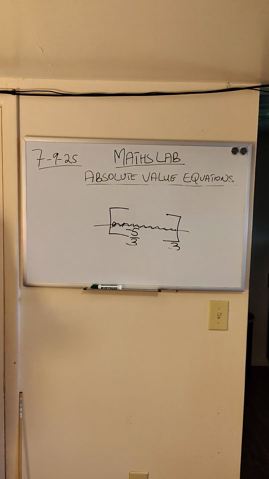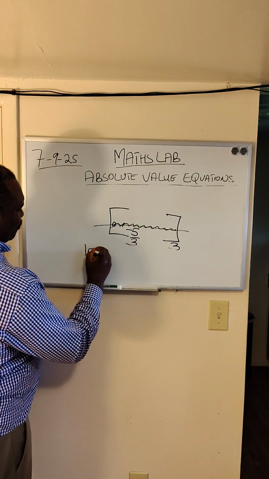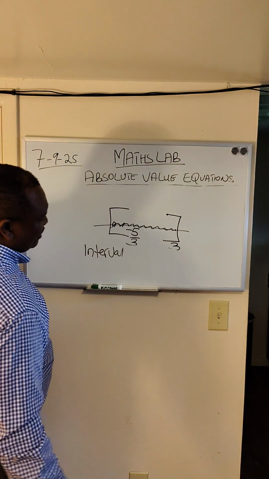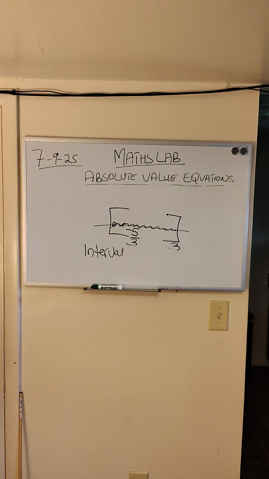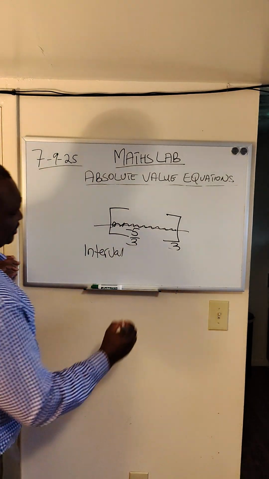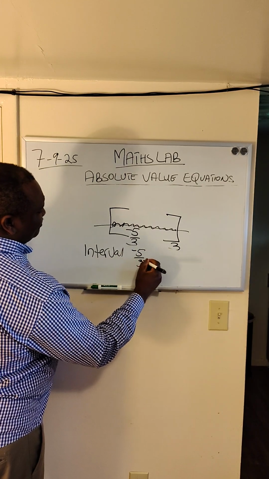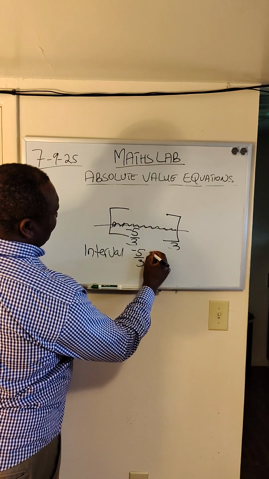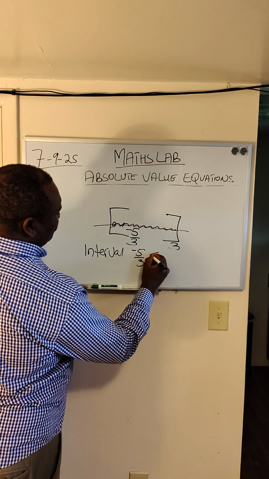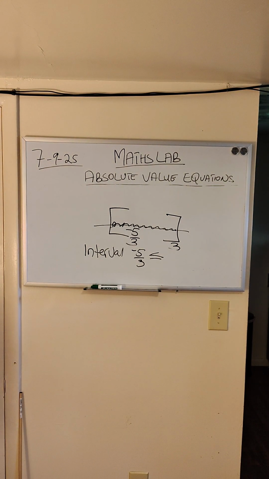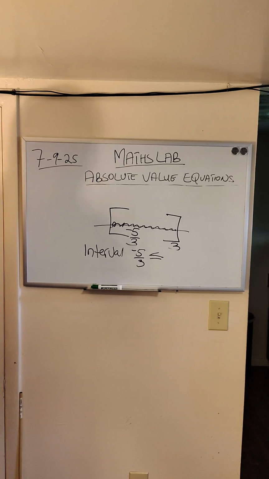So now, this is how you're going to write the interval answer. You're going to say the interval is negative 5 over 3 is less than, so it has to face to your left, yes, less than, and then you have to put x in between.